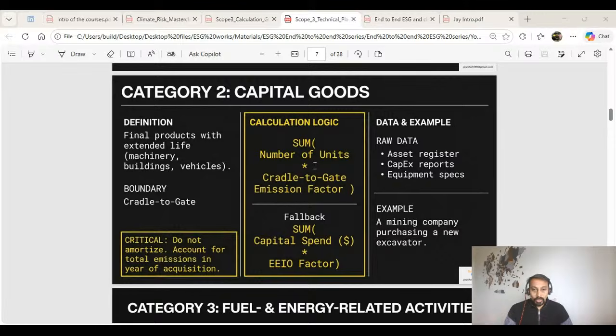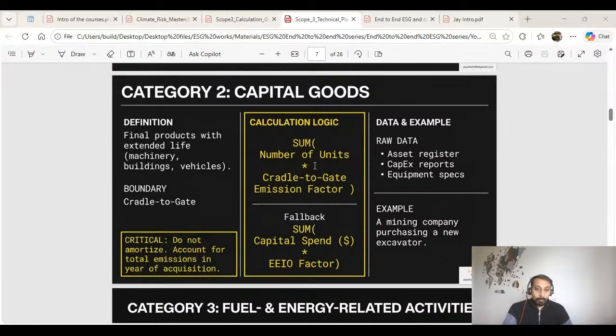If those unit emissions factors or footprint data are not available, then similarly you can utilize the spend-based methodology. You can see the formula in the yellow part: capital spend times the EEIO factor, the emissions factors from the manufacturing point of view.